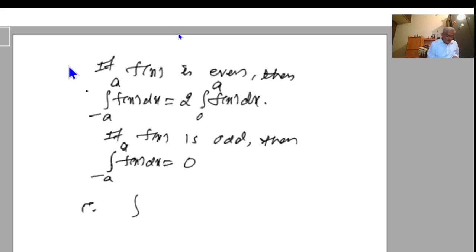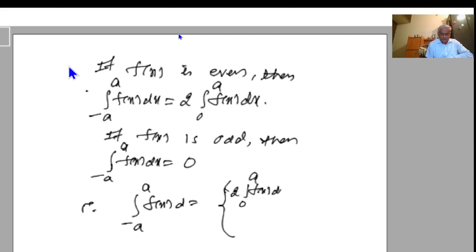So we can write it like this: the integral from minus a to plus a of f of x dx is equal to 2 times the integral from 0 to a of f of x dx if f is even, and it is equal to 0 if f is an odd function.